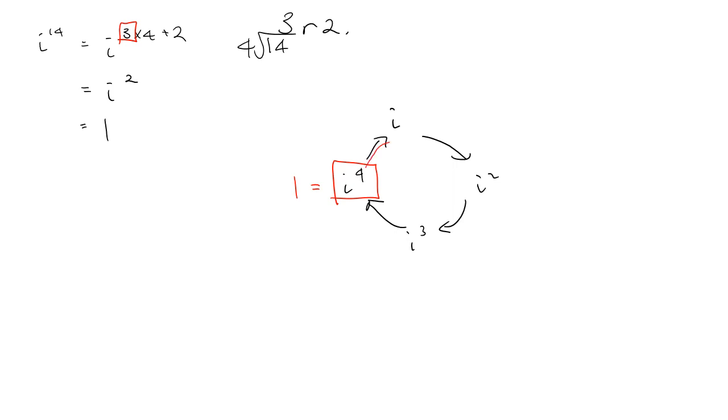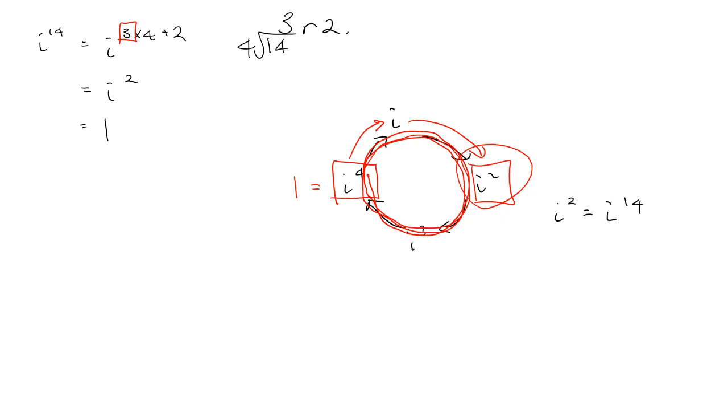We're doing 1 rotation, 2 rotations, and 3 rotations, and we go another 2 spots. So we go 1 and 2, and we end up at i squared. So that i squared is equal to i to the power of 14, which is what we did through our formula.